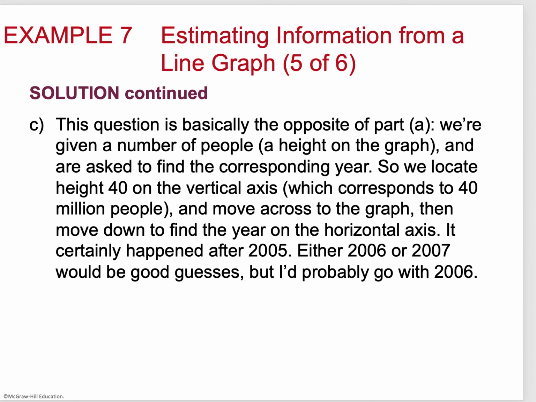And so if I look at the answer to that, it's going to be after 2005. It's fairly close though, so I would say 2006, 2007. There is leeway built into ALEKS, so don't spend time stressing over if it's exactly 2006 or exactly 2007. Make sure that you give yourself some grace there.